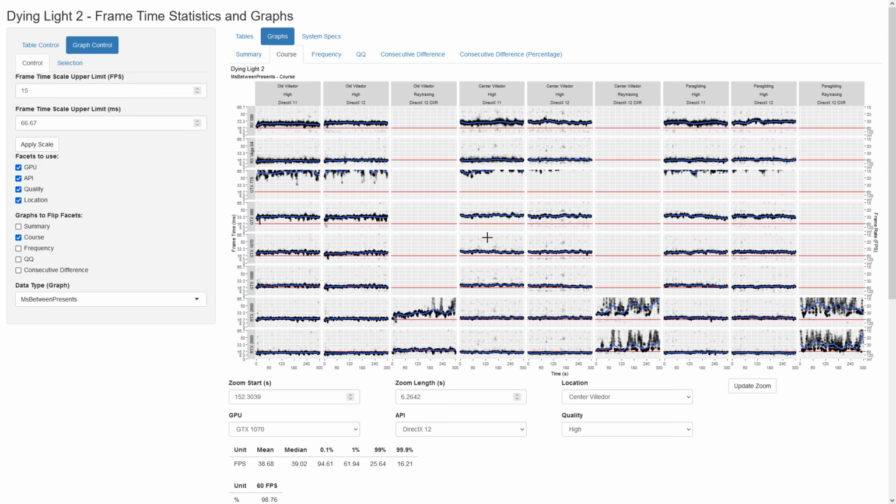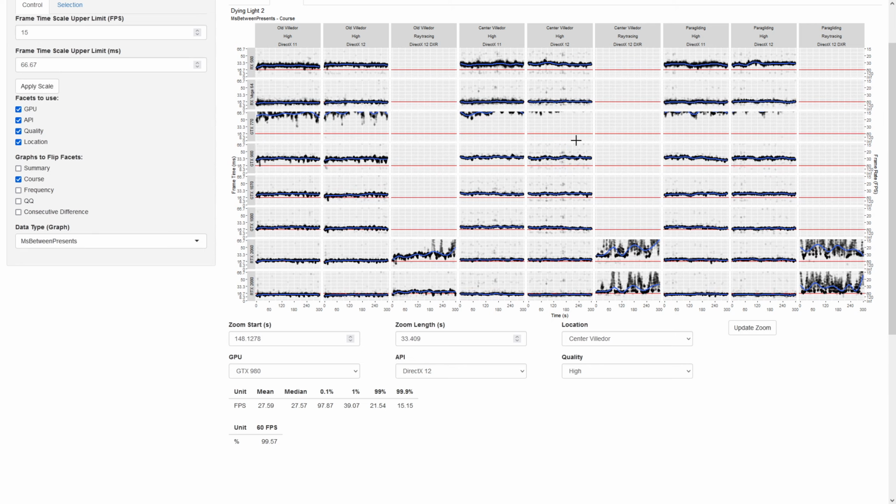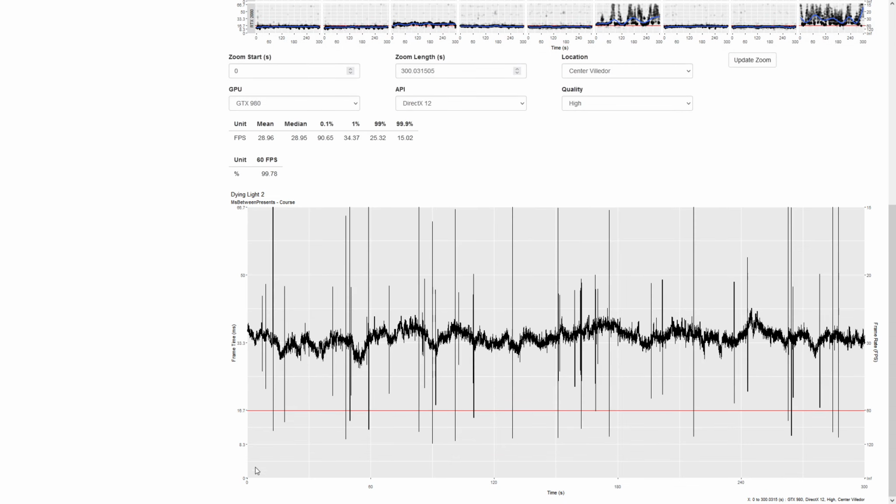Frame time graphs like this, I don't think are that useful unless you are good enough at doing this. There was one time that I saw a TechTuber do videos using a frame time graph where they had the X scale, so let's have this be the full width, be the frame number. So it wasn't time.